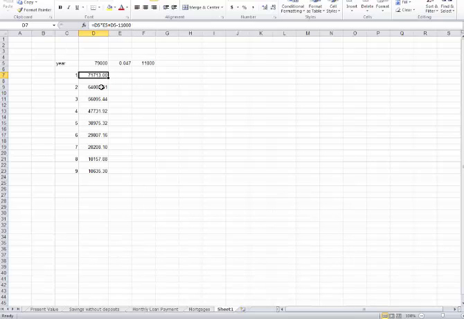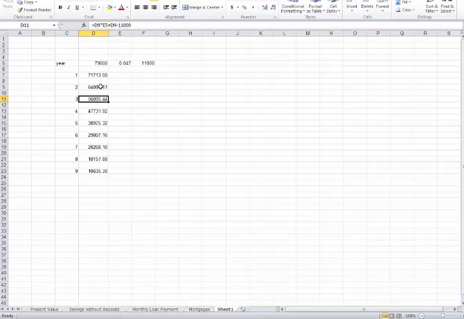So I get this. And then in the subsequent cells I get, okay, so I'm taking D7, which is how much I have after the first year, multiplying it by interest, so the interest that accrued, add that to the previous balance, and I'm taking 11,000 away from that. So after the second payment, I'm left with this.